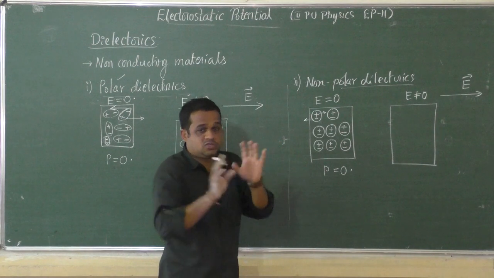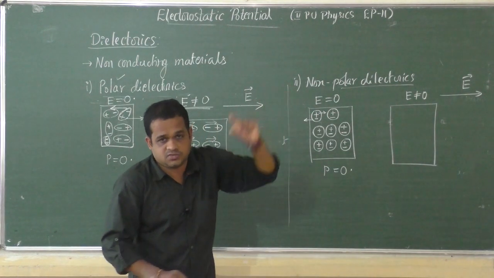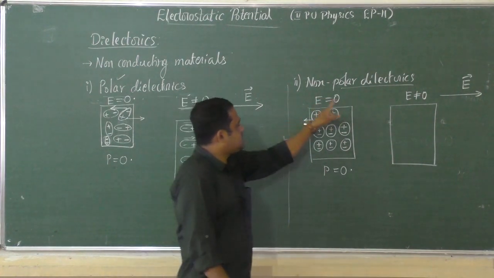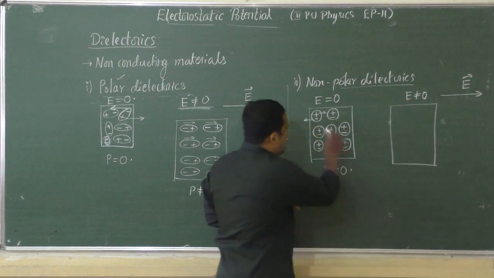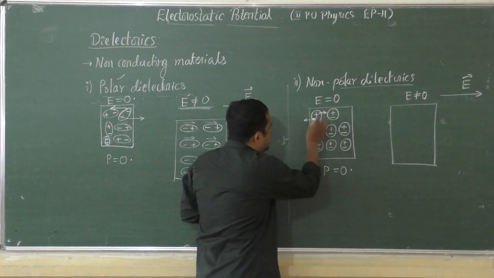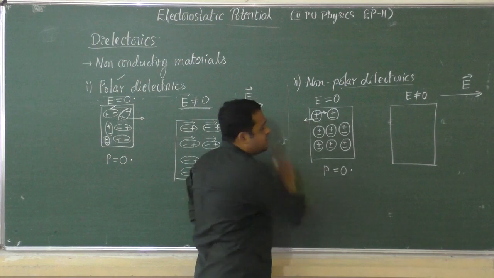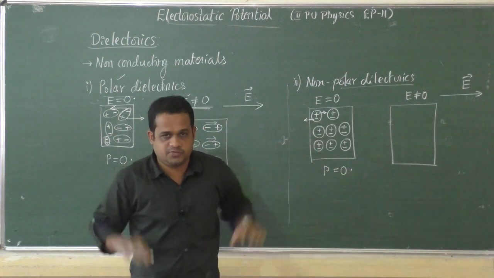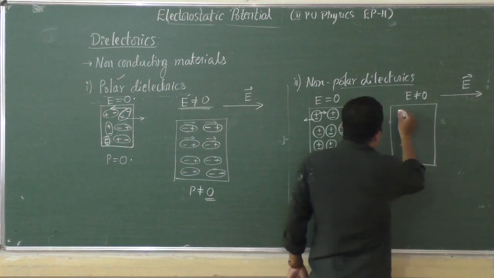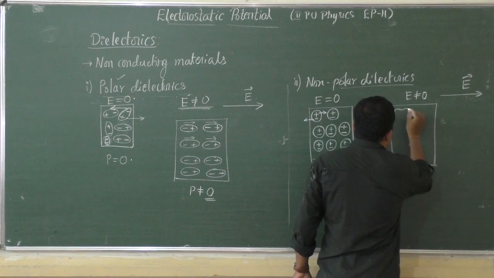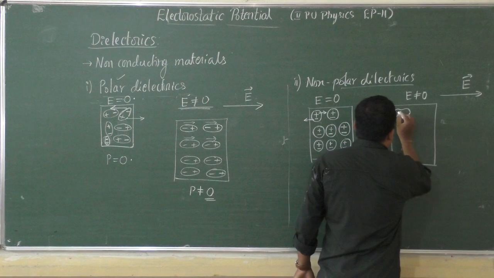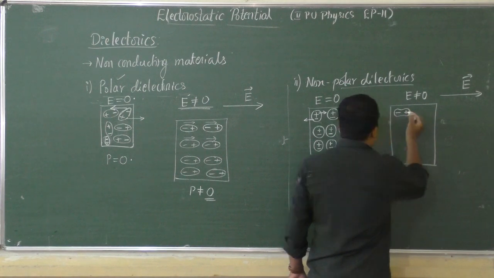Initially there is no separation between the center of positive charge and negative charge. Due to the presence of the electric field, positive and negative charges experience opposite forces. Due to that, in case of non-polar dielectrics, first of all a separation is created between the positive and negative centers.